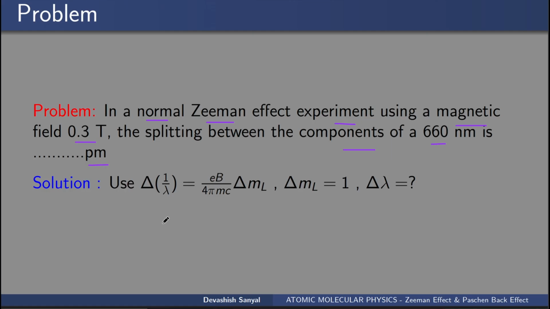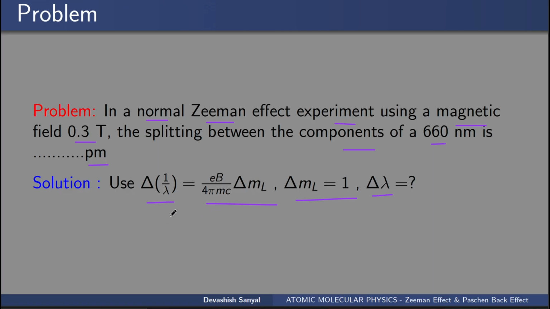What we have to find out is delta lambda. We will start with this expression which we know: delta of 1 by lambda is this. In this case, we want the difference between consecutive lines, so delta m_l should be 1. The main component is given as 660 nanometer.